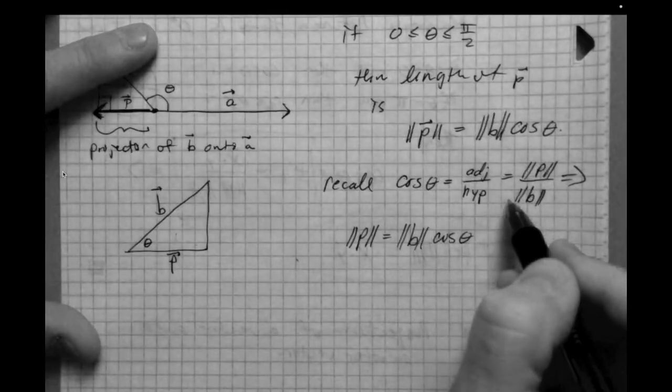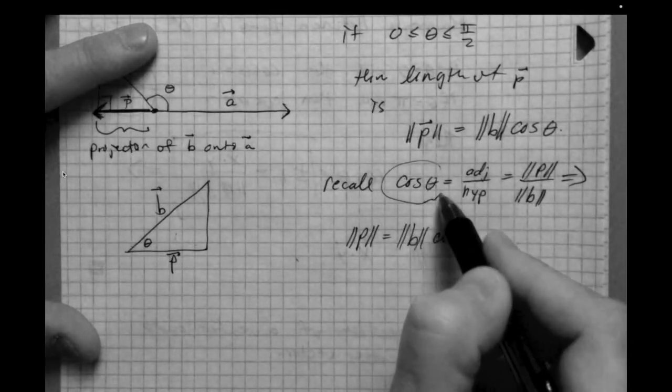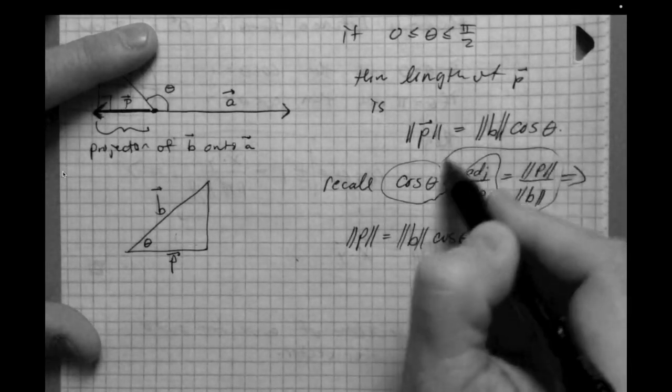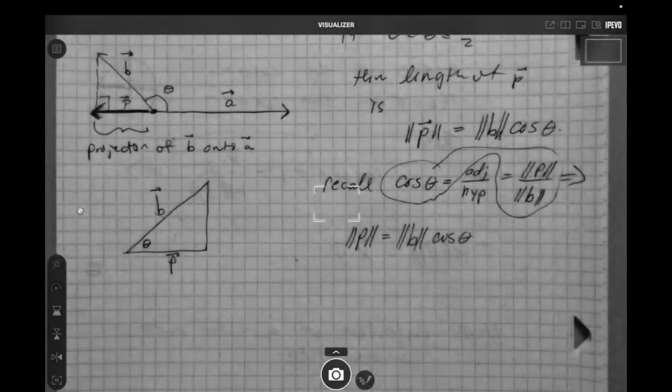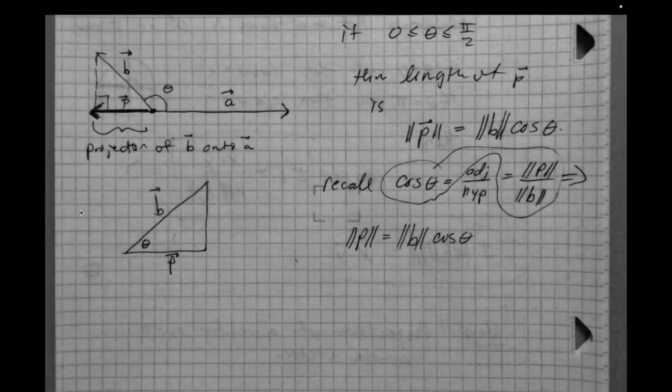Basically, thinking of this equation here, multiply both sides by B, and you get what you need. Okay, so very good. So that tells us the length of P in terms of theta and B.